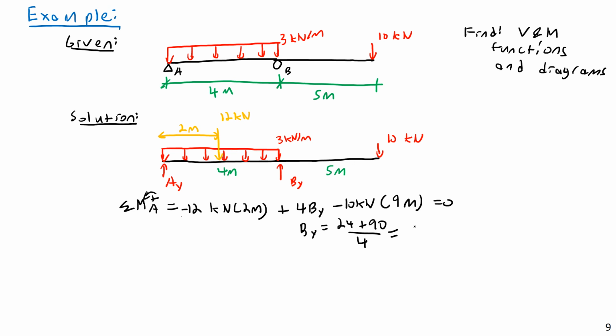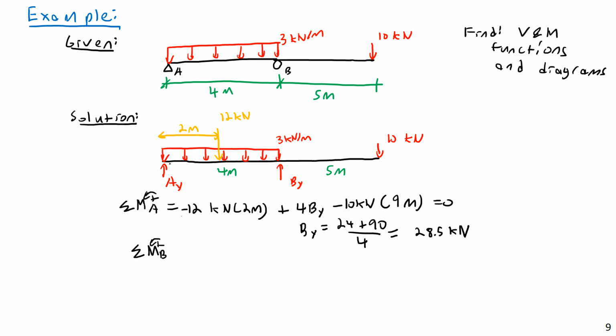That's actually not too ugly of a decimal. 28.5 kilonewtons. I always end up slipping back into kips. Kilonewtons, 28.5 kilonewtons.